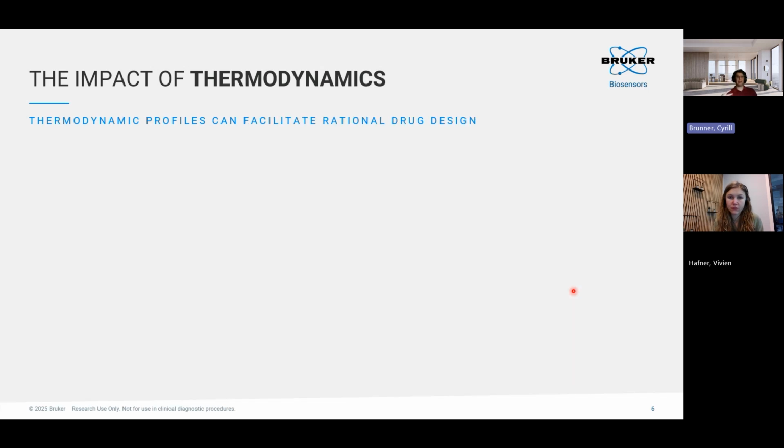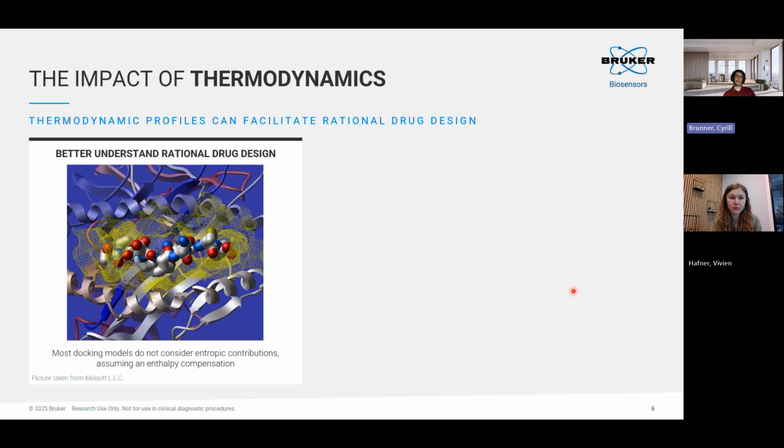When we look at drug design also from a more early stage perspective, then we can also use thermodynamics in rational drug design. A very good example is docking. Docking is a computational procedure where you, on the computer, try to press your molecule into the binding site of your protein.